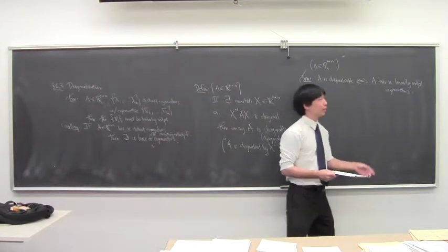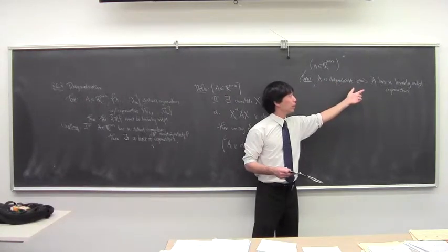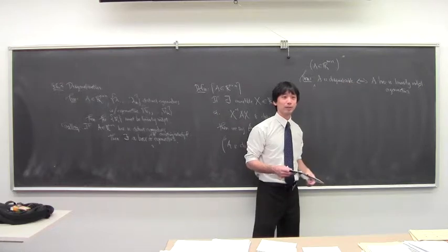In other words, your matrix is diagonalizable if and only if you have a basis of eigenvectors.